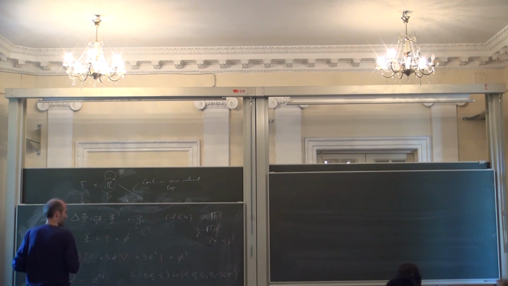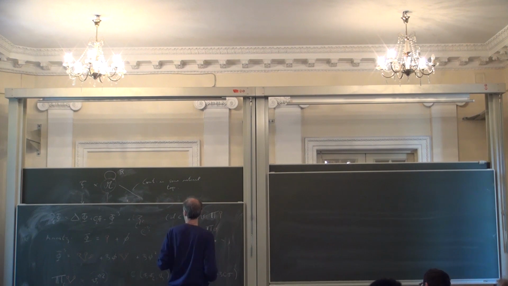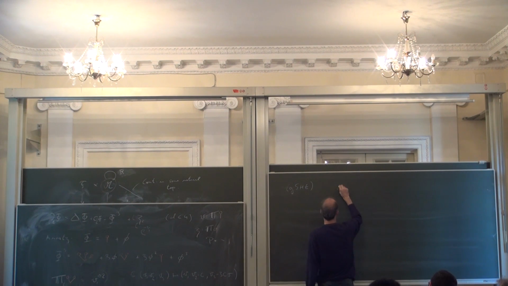And so the example on which I want to show you what's happening is the geometric stochastic heat equation. Right? So remember this geometric stochastic heat equation.